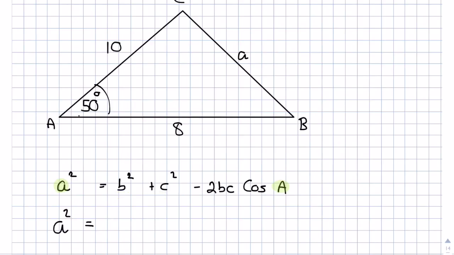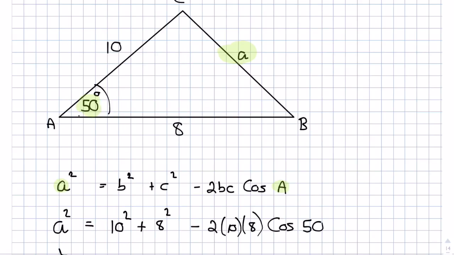So that's going to be my 10 squared and my 8 squared, minus 2 by b by c, minus 2 by 10 by 8, by the cosine of the angle A. Now remember, if this is the side A, this is the angle A. They have to be opposite each other. So cosine 50.